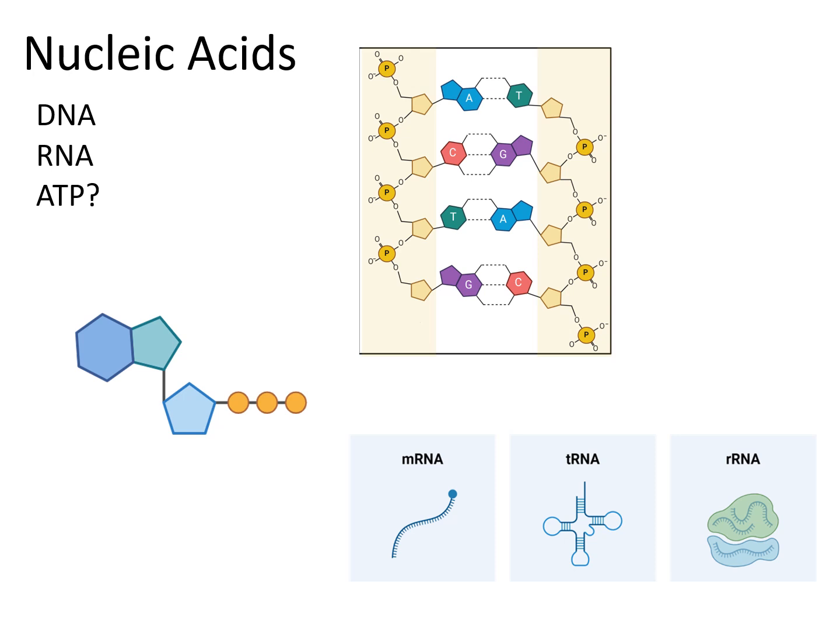As mentioned before in another mini lecture, I have taught from books that consider ATP to be a nucleic acid. I don't necessarily disagree with that. ATP is technically made from a sugar, a bunch of phosphates, and a modified nitrogenous base. So I accept.